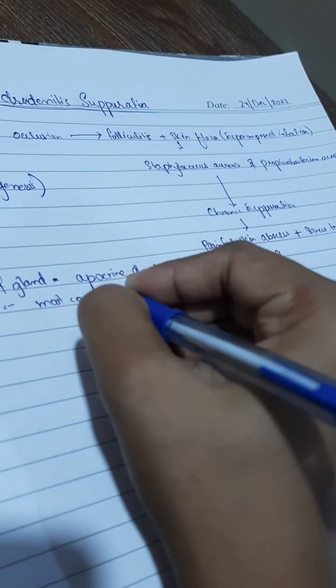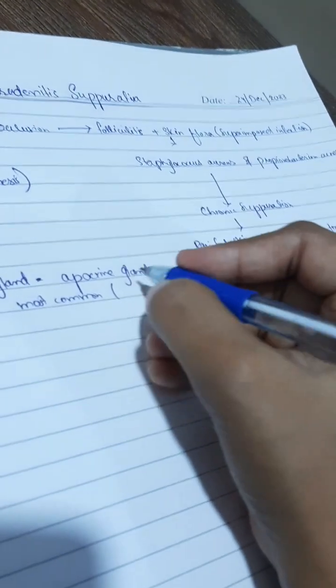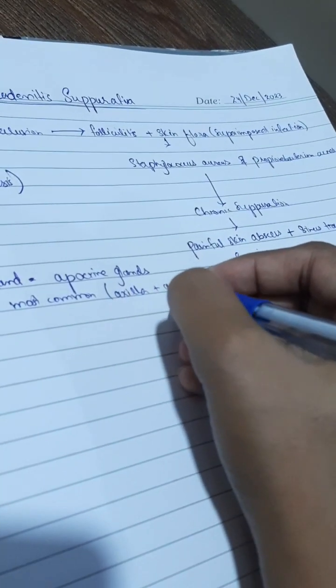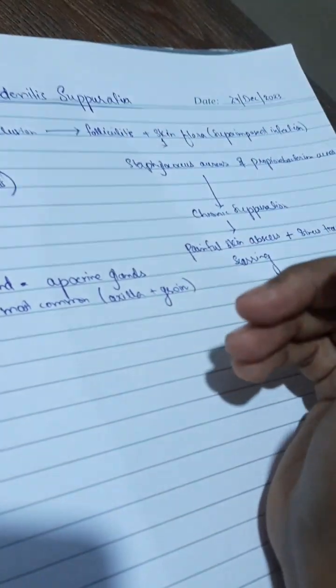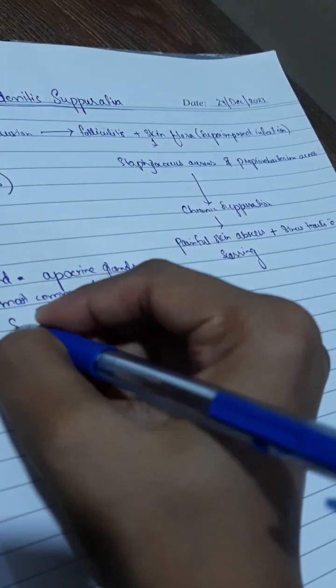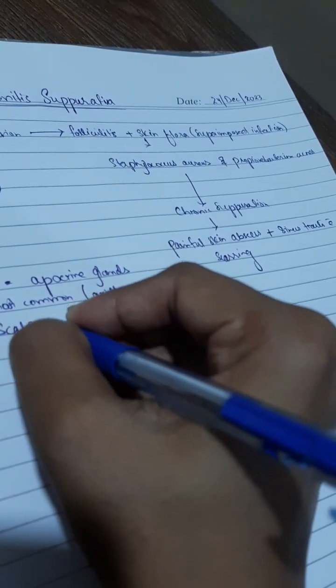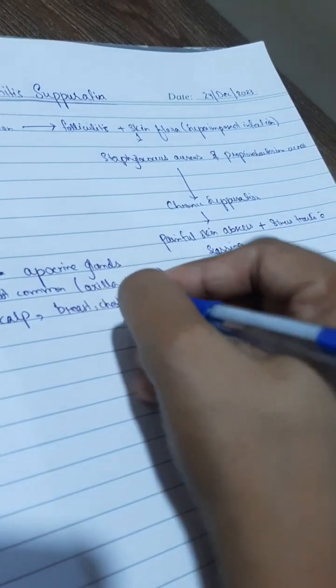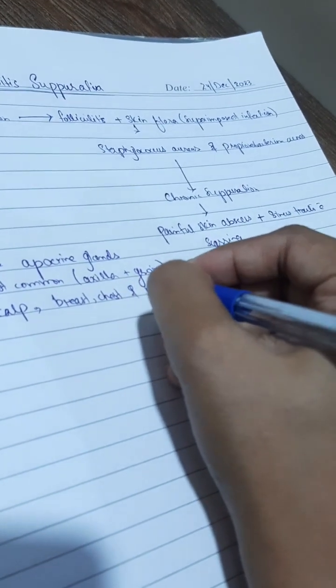Okay, so most common sites are axilla and groin because the apocrine glands are more numerous in axilla and groin, and also in the scalp, breast, chest, and perineum.